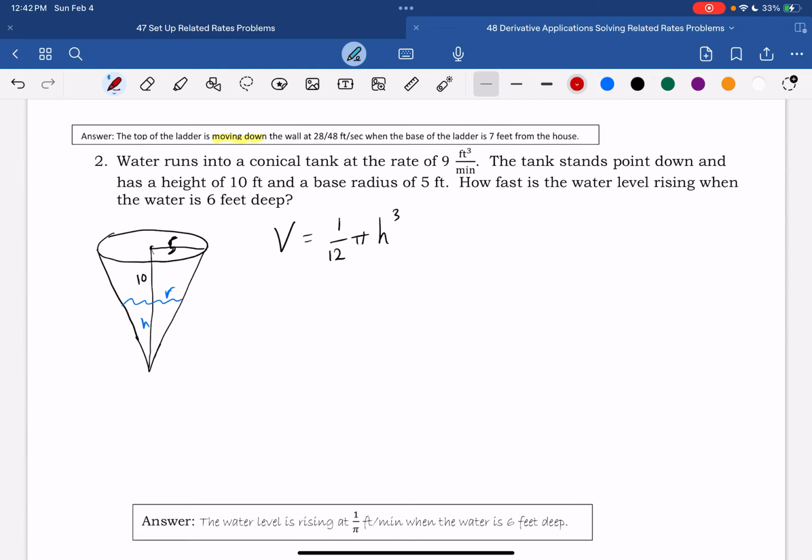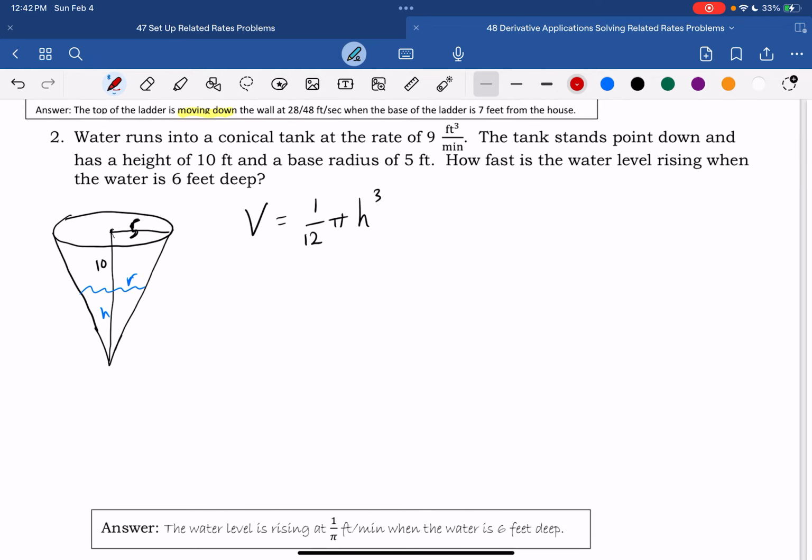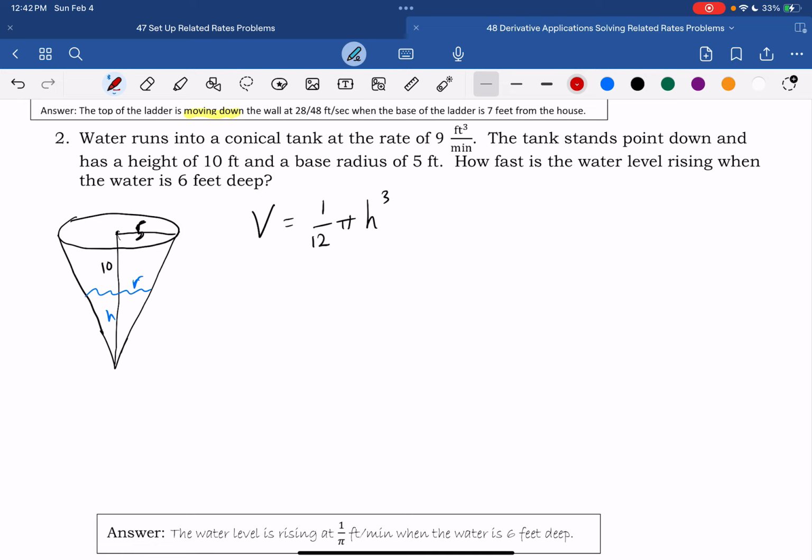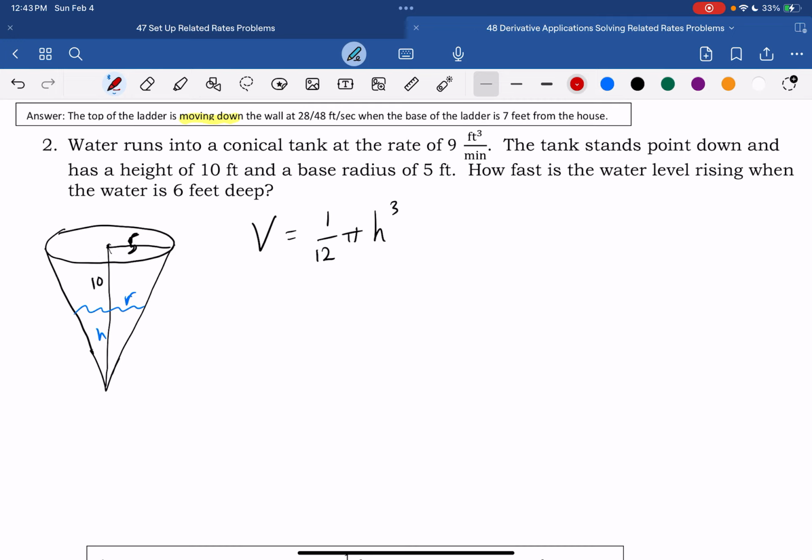The second one was a little bit different in the sense that now we have water that's running into a cone-like tank at a rate of 9 feet cubed per minute. In the last video, we also talked about how this was a volume, because of the units, we can interpret that as the volume.